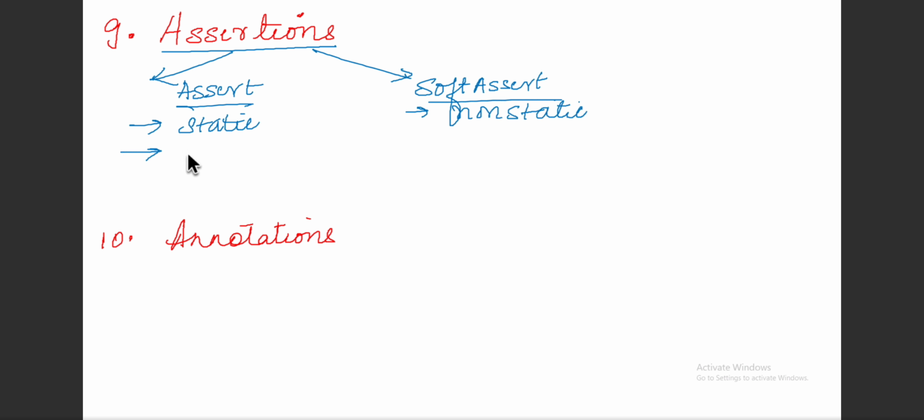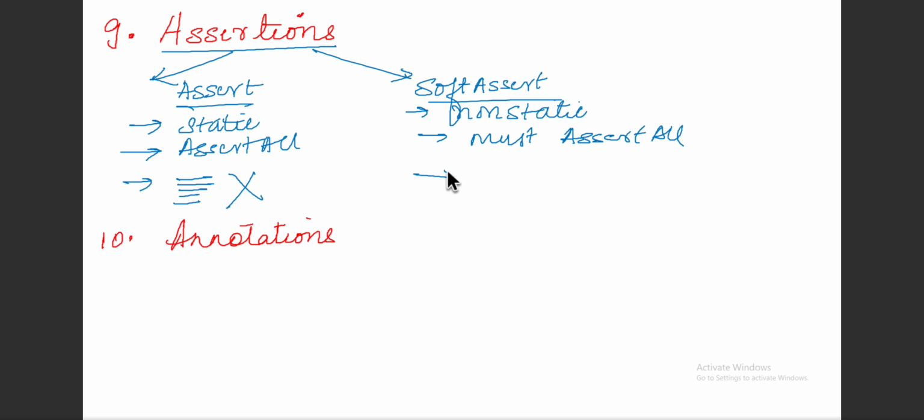Here by default you don't need to call the assertAll method, but here it is mandatory. You must call the assertAll method. Hard assert will not execute the remaining statements of the current test method if the comparison fails, but soft assert will execute the remaining statements of the current test method even if the comparison fails.